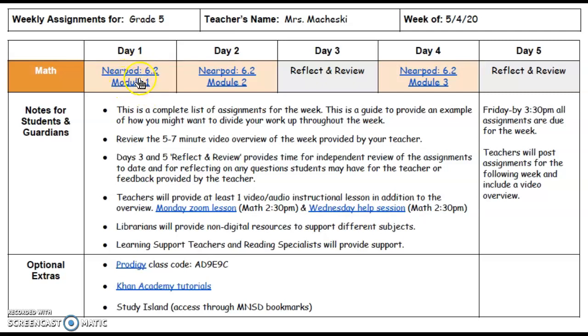So in module 1, you are going to see more of those unit cubes. And you're going to continue to work on understanding how those unit cubes make up solid figures and how they relate to volume. The learning objective is I can use a formula to find the volume of a rectangular prism.